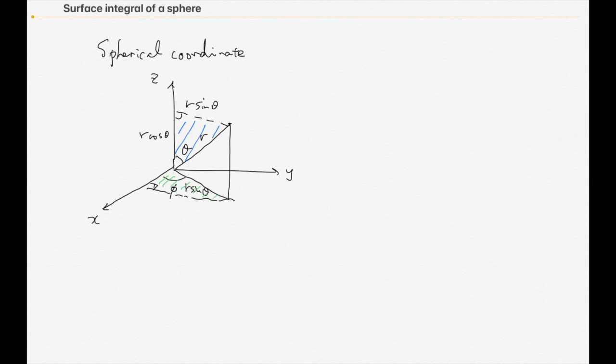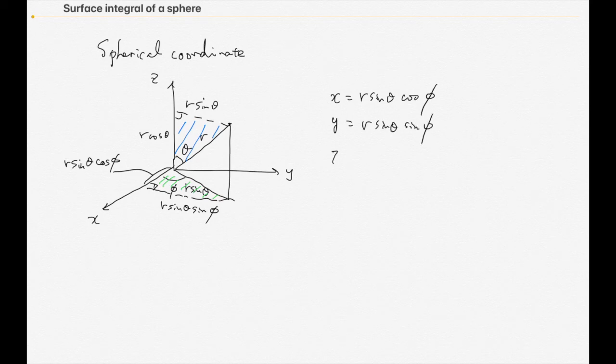Then this length becomes r sine theta sine phi. This length is r sine theta cosine phi. So x can be expressed r sine theta cosine phi. Y equal r sine theta sine phi. Z equal r cosine theta. So if you know the r theta phi, you could write the positions with the x, y, z.